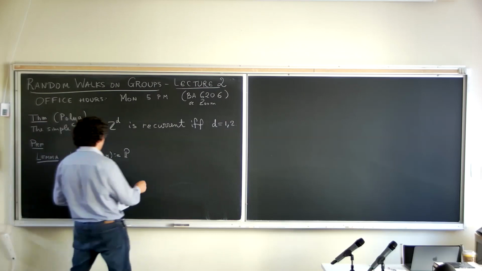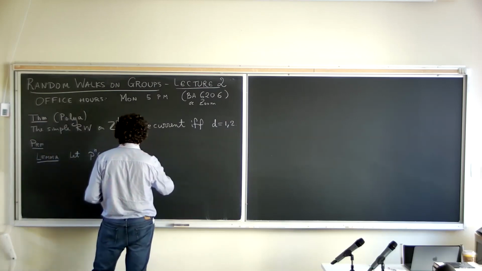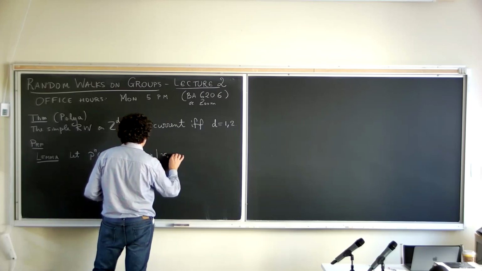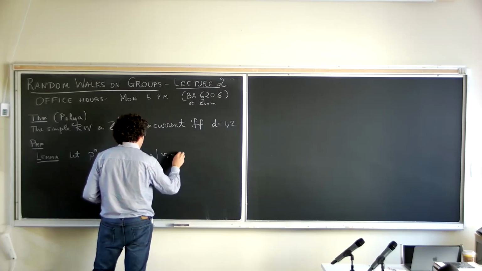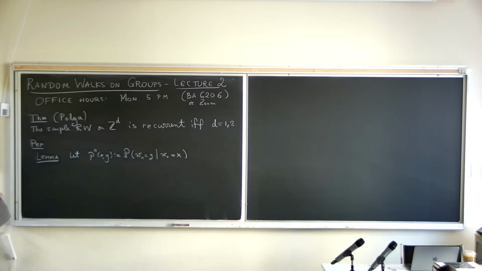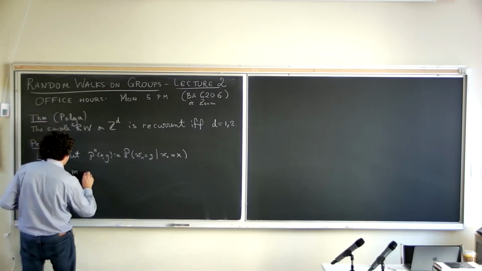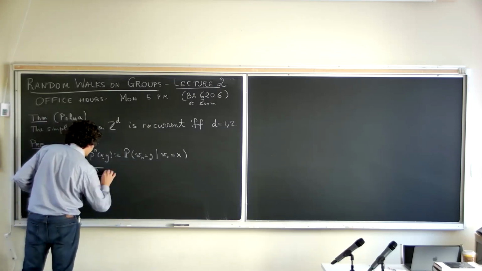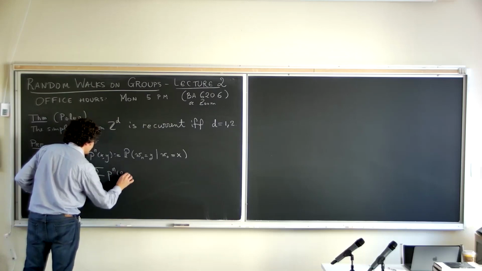According to our notation, this is the probability that W_n equals y, given that W_0 equals x. And then we define M to be the series of p_n(0,0), n from 0 to infinity.